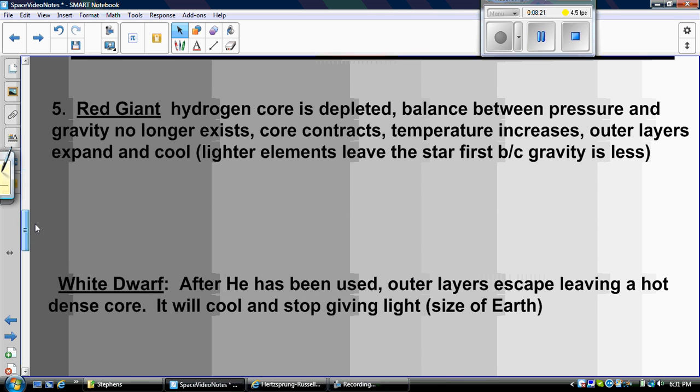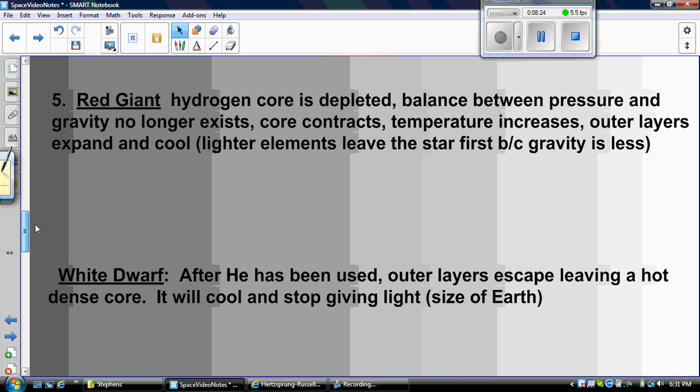So a red giant. The star has run out of hydrogen to nuclear fuse into helium and release energy. There used to exist a balance between the pressure that came from the hydrogen core and gravity. So remember when we talked about forces and we talked about balanced and unbalanced forces? The core of a star is exerting the force of pressure, because that force comes from nuclear fusion.